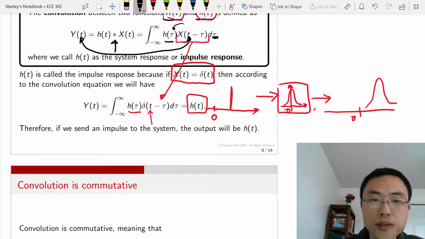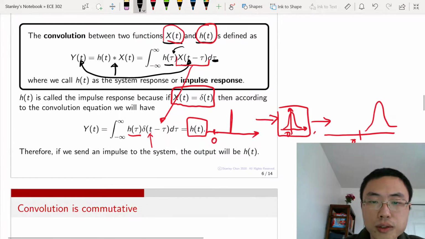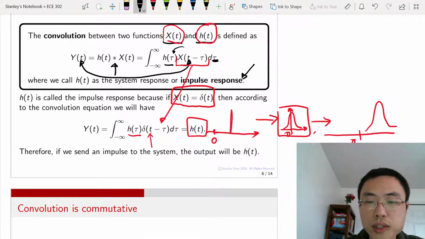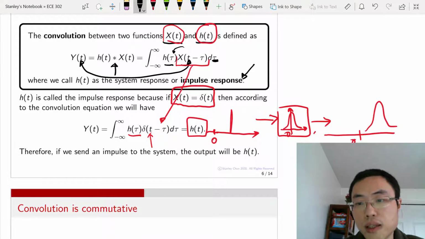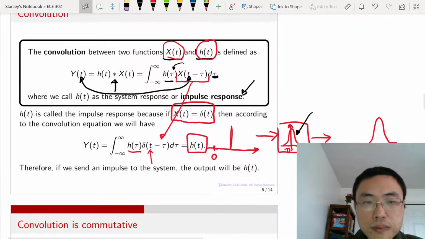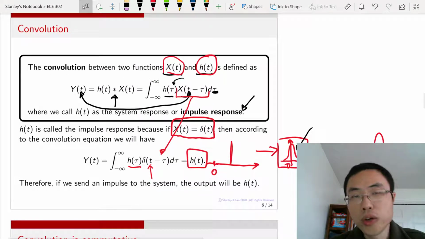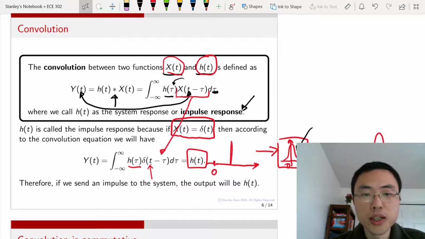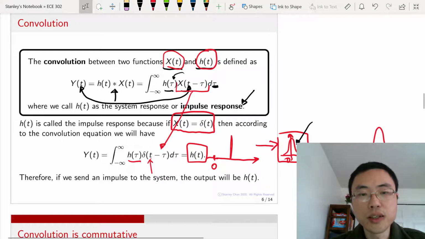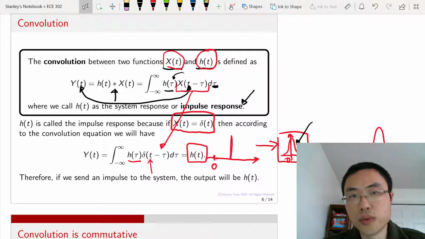So this is the convolution, and this is called the impulse response because you send the impulse in, you get the response to this impulse. So convolution is a basic operation because convolution is defined for linear time invariant systems. If your system is not linear time invariant, this convolution doesn't work.